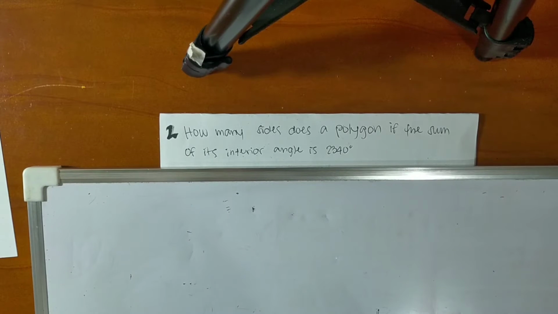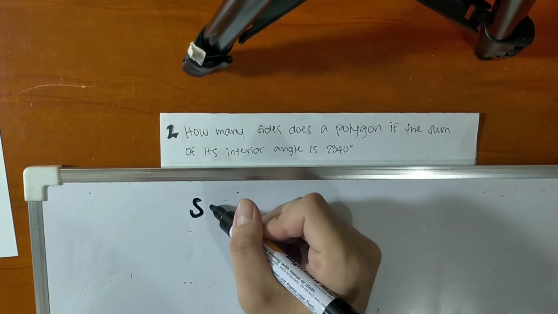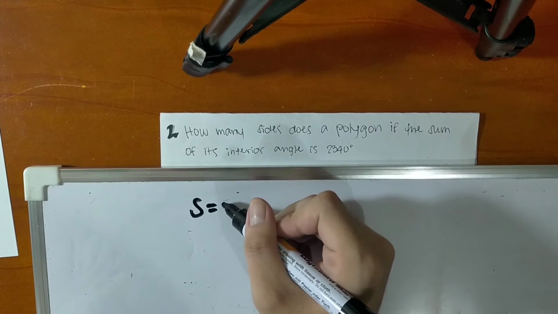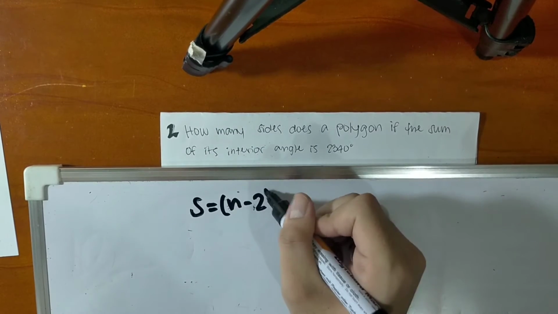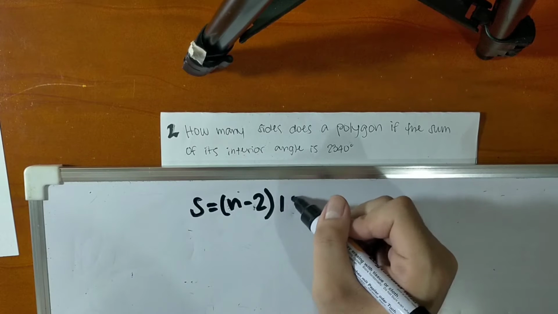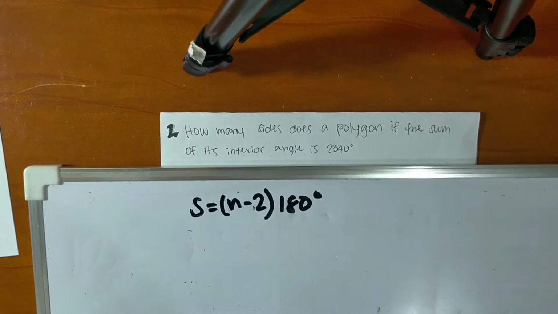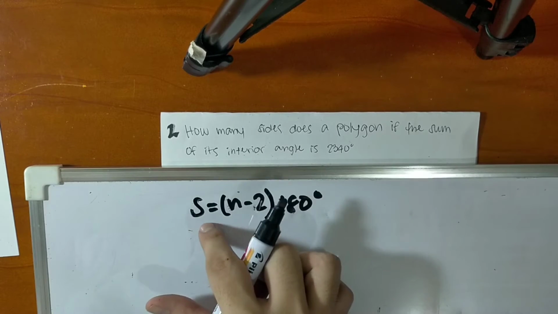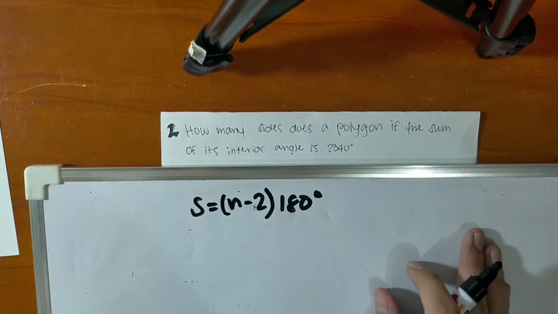For the second problem: how many sides does a polygon have if the sum of its interior angles is 2340 degrees? I write the formula S equals (n minus 2) multiplied by 180 degrees. Since 2340 is the value of S, I simply substitute it.